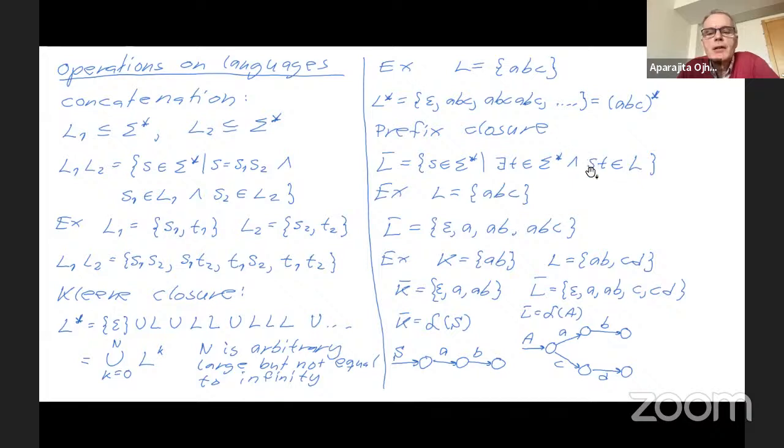Here you see that S can be considered as a prefix of the string ST, and ST is in the language L. That does not mean that S is in the language L, but S is in the prefix closure L bar of the language L. For instance, if L is the string ABC, then the prefix closure also includes all prefixes like epsilon, A, AB, and also ABC.